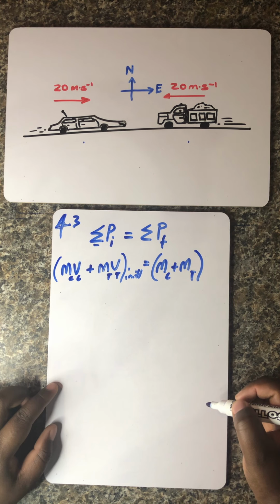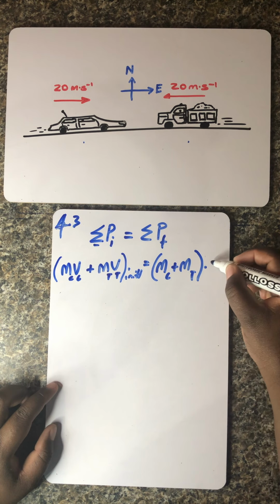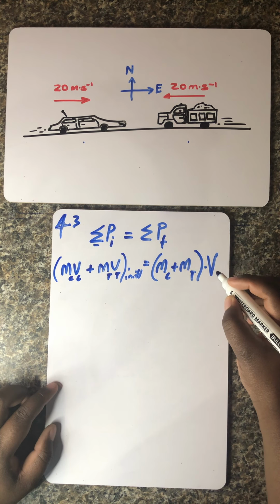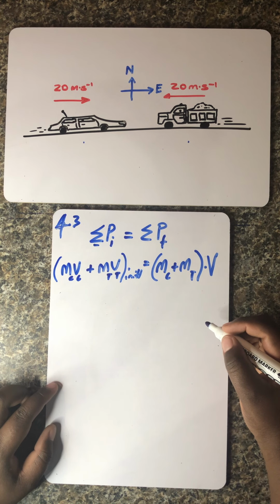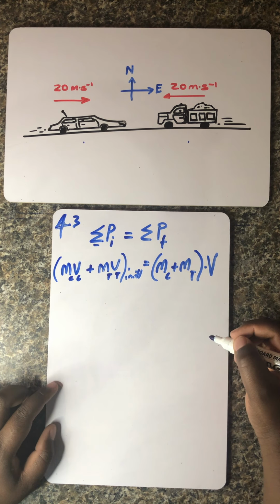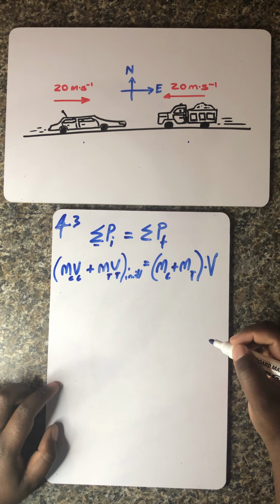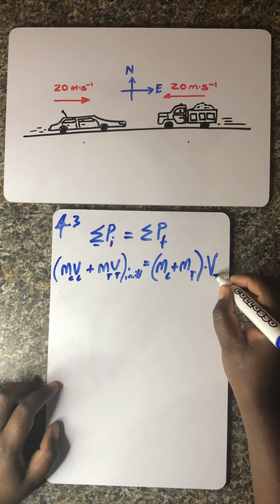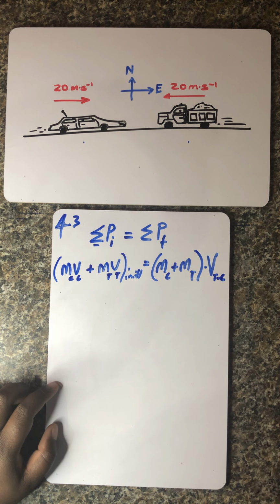Very, very important, ladies and gentlemen, multiplied by v of what? A very good question, ladies and gentlemen, because this is going to help you to understand what you're calculating. So this is the velocity of the truck and the car.